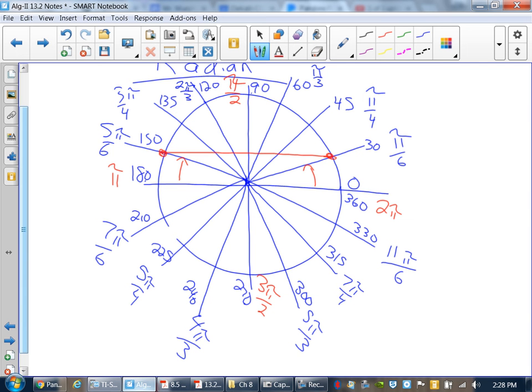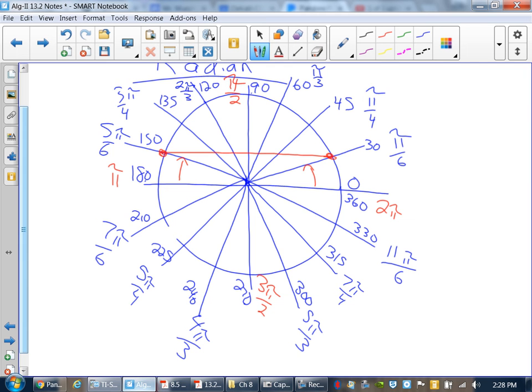I just wanted to start with this about how we can convert degrees to radians. All we did here to convert degrees and radians, guys, was we slapped a pi next to a number and divided by 180. So today we're going to work on how to convert a degree to radians.